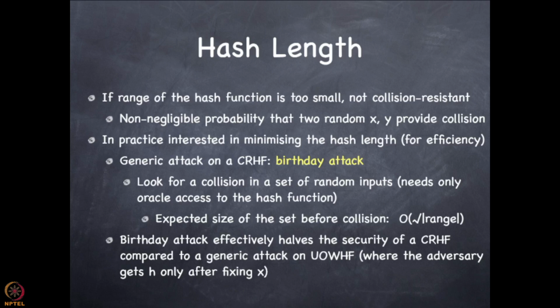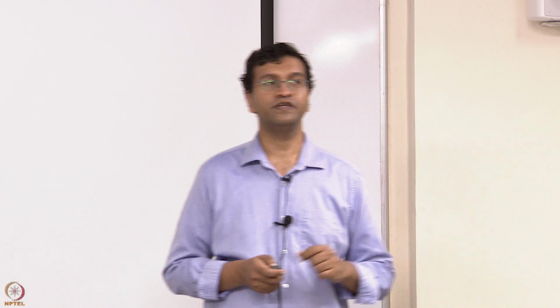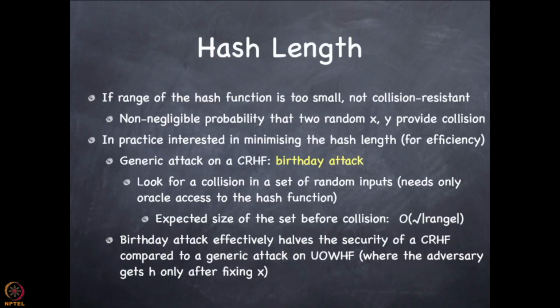And there is no birthday attack possible there, right? It's already picked x, and then it has to pick a y. But in CRHF, it only gives you 32 bits of security. Okay, so that's an important consideration about picking the hash length. The brute force attack is not as naive as you would expect.